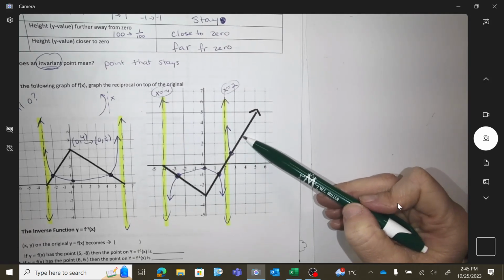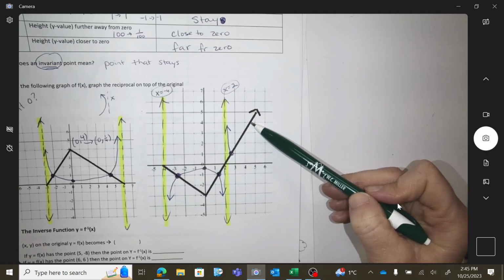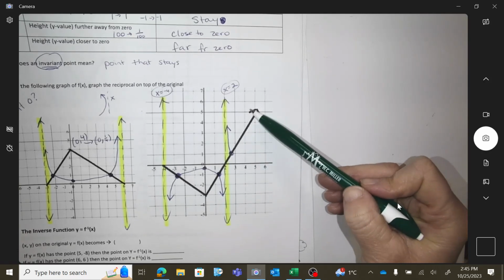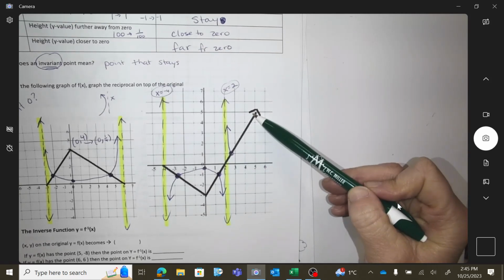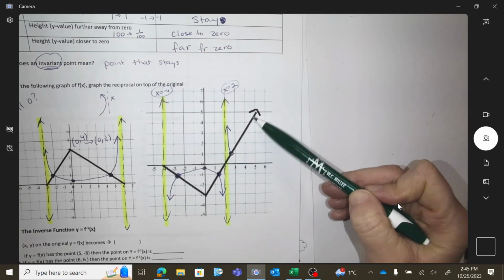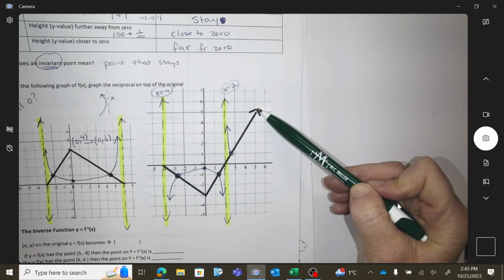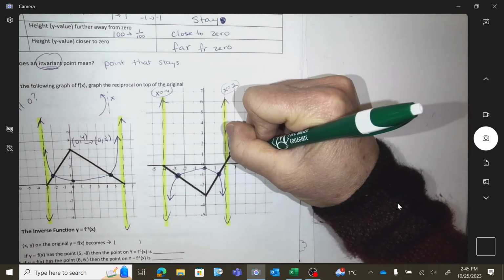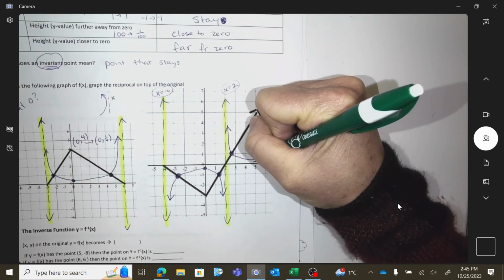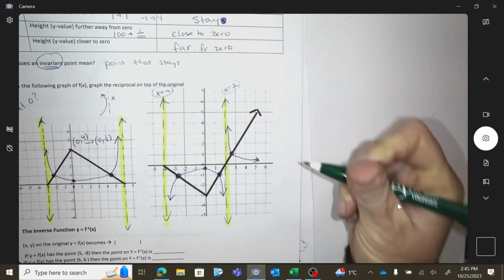Then I'm going to talk about this section. What's happening from this point on? It's going away from 0. So what should we do? Approach towards 0.